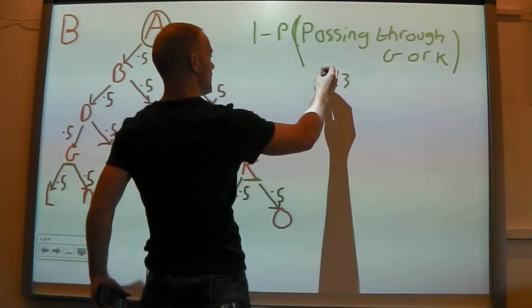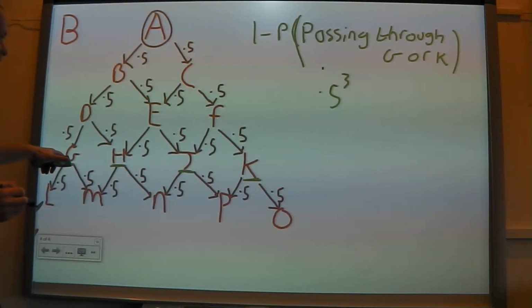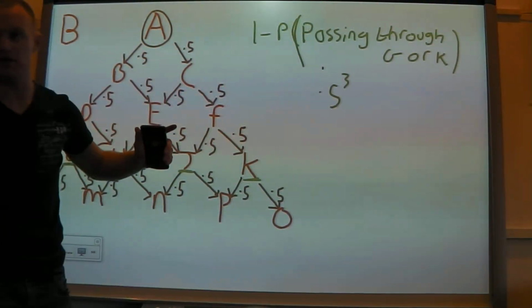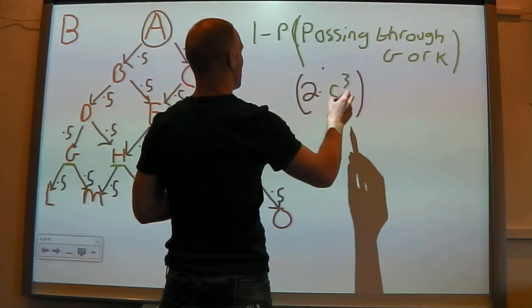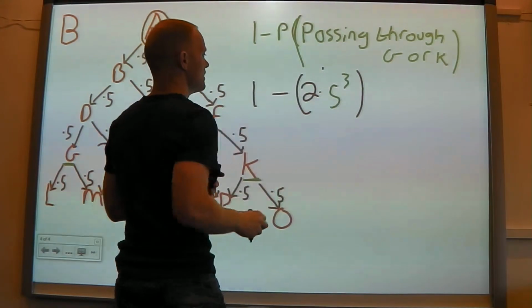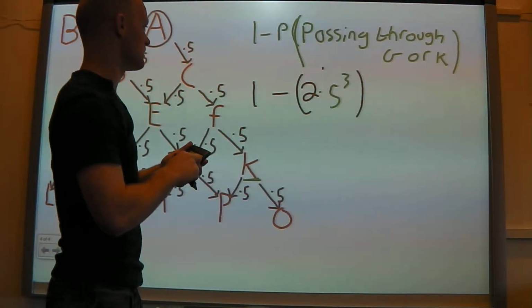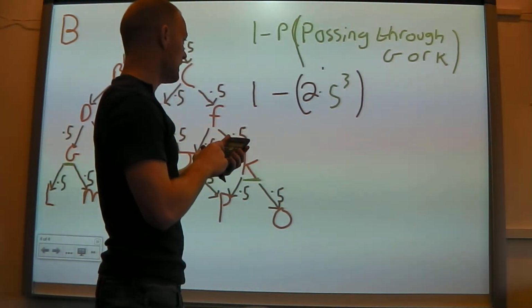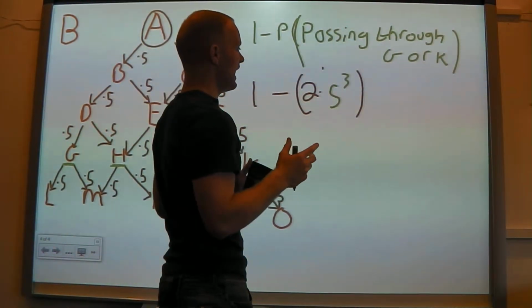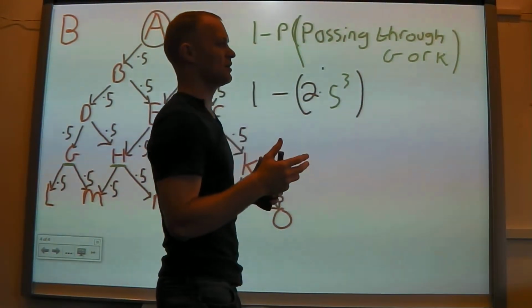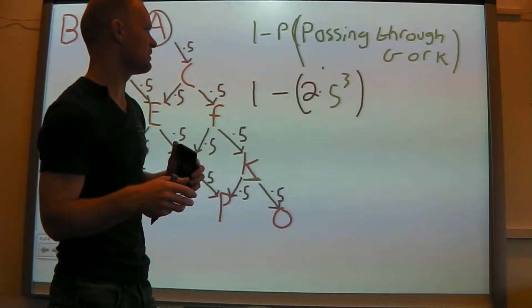The probability of passing through K is going to be 0.5 cubed as well. So we're going to say it's 2 times 0.5 cubed. So it's 1 minus 2 times 0.5 cubed. I'll just work that out. 0.5 cubed is a half times a half, which is a quarter, times a half, which is an eighth. Double an eighth is a quarter.